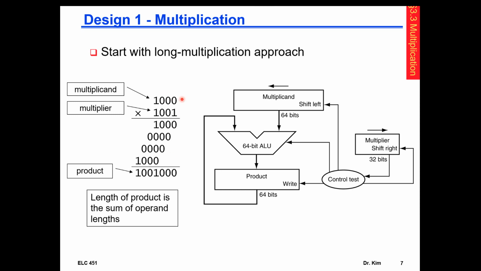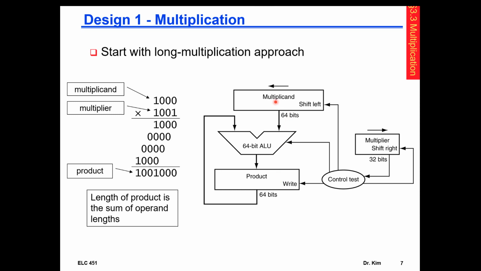If they are the same number of bits, then the result is twice the number of bits. So this is why we have here a 64-bit ALU, but it's really an adder. We have a 64-bit adder, because with a 32-bit multiplicand and 32-bit multiplier, the product is going to be 64 bits.